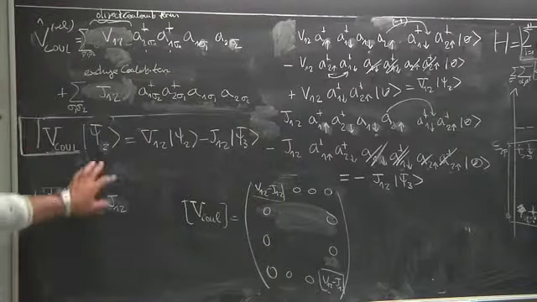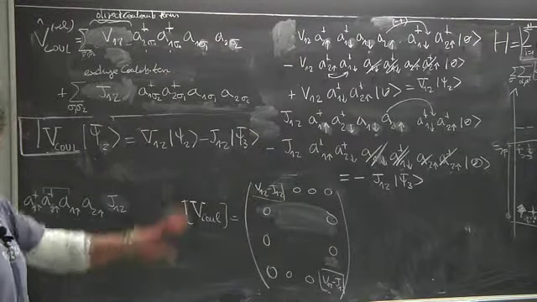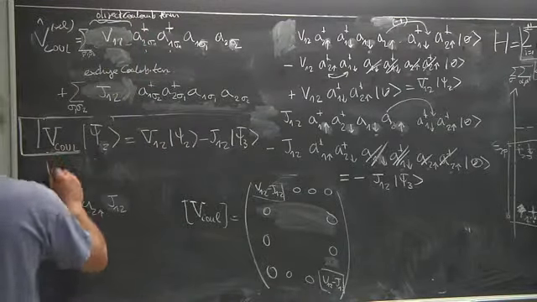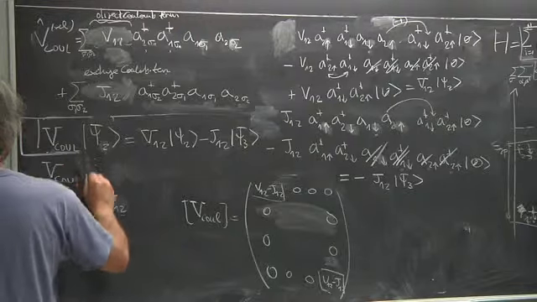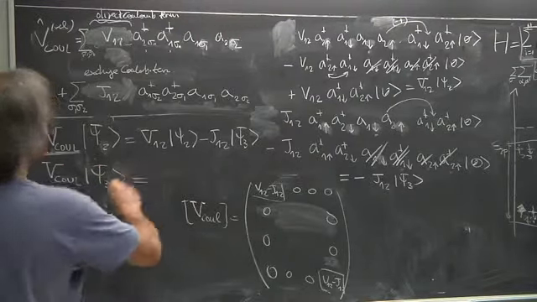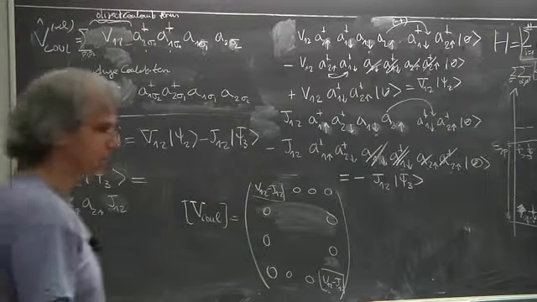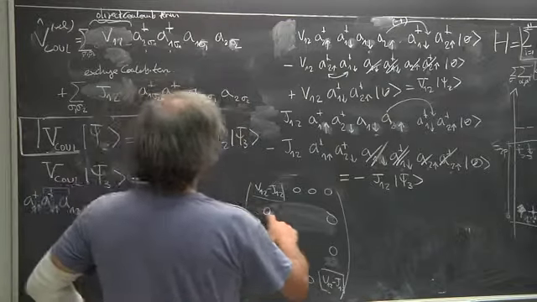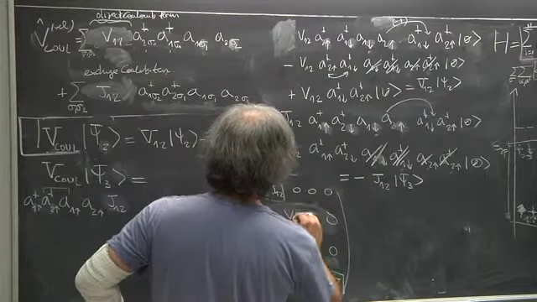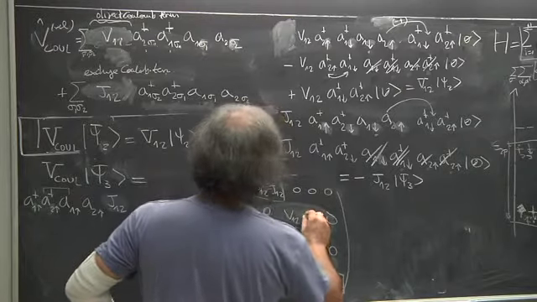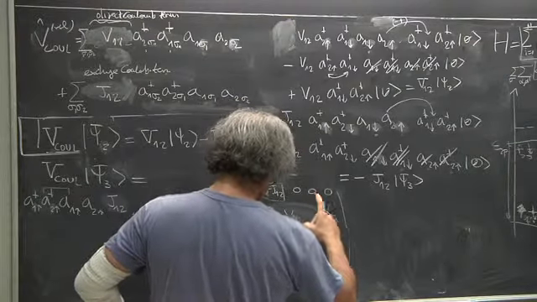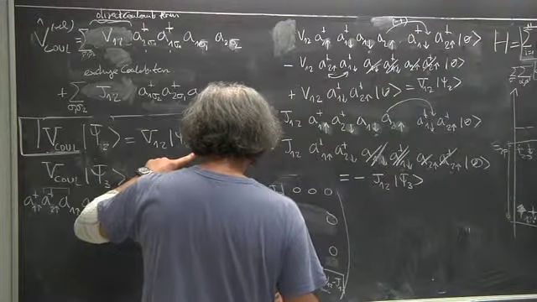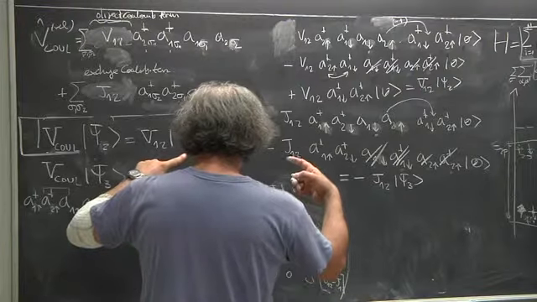So now 2 is mixed to 3. Before 1 was alone, 4 was alone. Now 2 is mixed to 3. And you can verify, it's very, very simple, that 3 is also mixed to 2, obviously. So in some sense, once I have here the fact that here I must have V12, and here I must have minus the element 2,3.